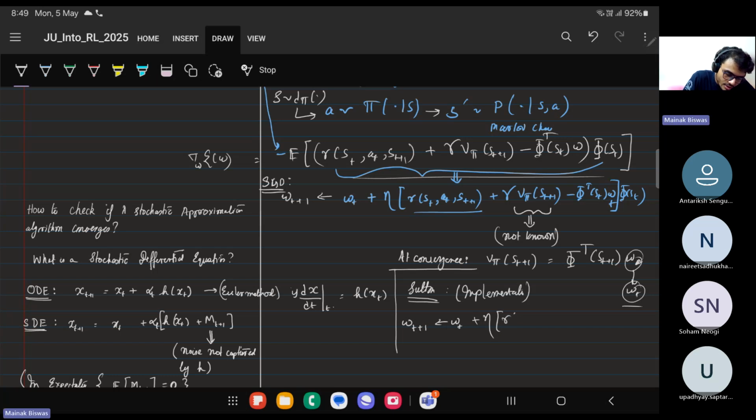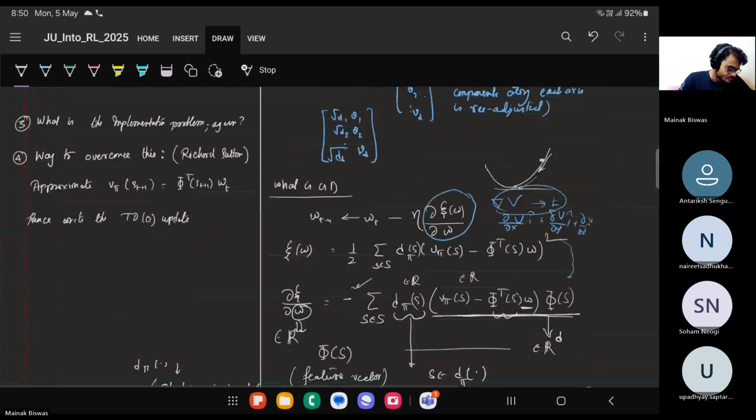The reward R(ST, AT, ST plus 1) plus gamma times phi transpose ST plus 1 W minus phi transpose ST W, into phi transpose ST. So this becomes your update equation. This is what I'll be dealing with for the rest of the class.